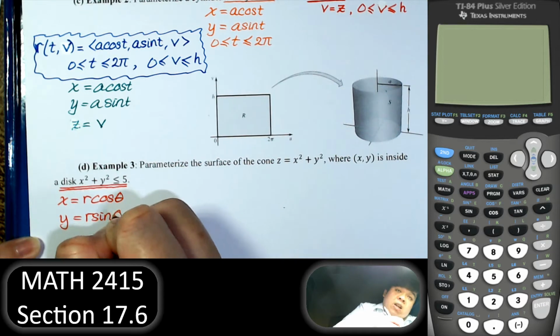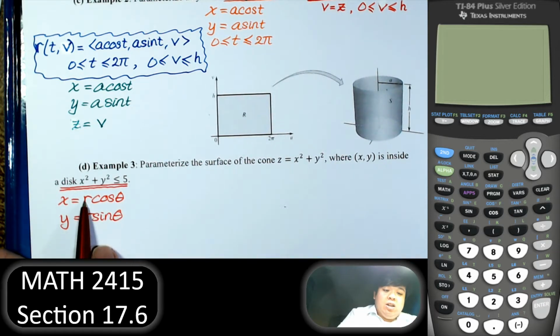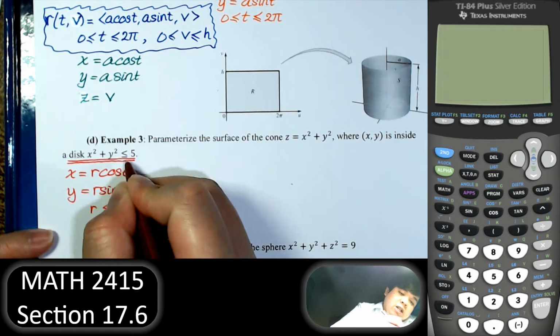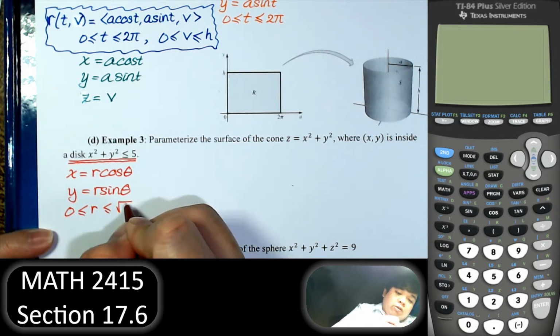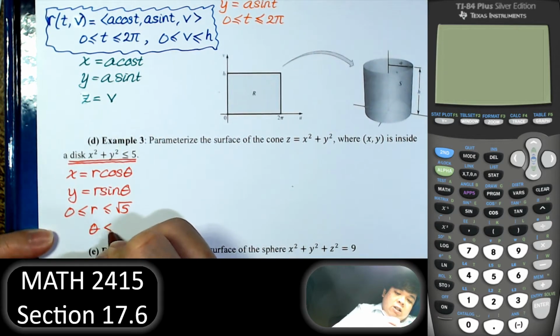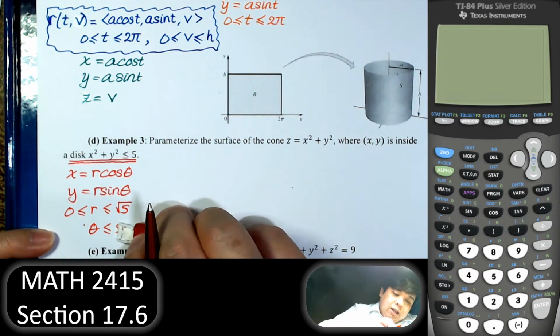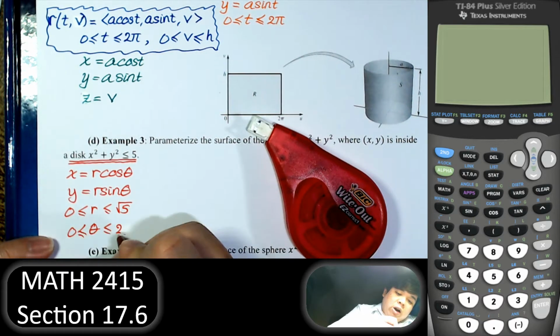Because this is a two-dimensional object, we need two parameters, the radius and the angle. So r, the disk has radius 5, so it is between 0 and square root of 5, and the angle theta is between 0 and 2 pi, standard for one revolution.